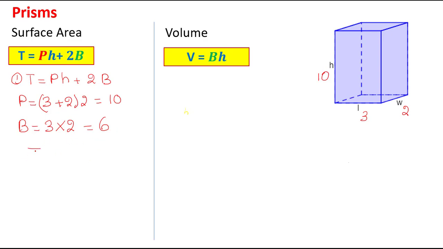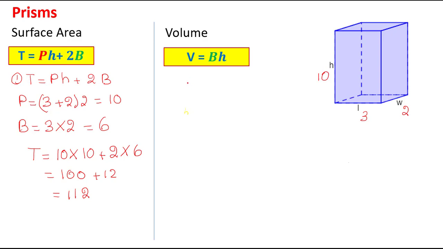I have all of the information that I need. I put it in the rule. So this is equal to 10 multiplied by the height, which is 10, plus 2 multiplied by the area of the base, which is 100 plus 12, which is equal to 112.